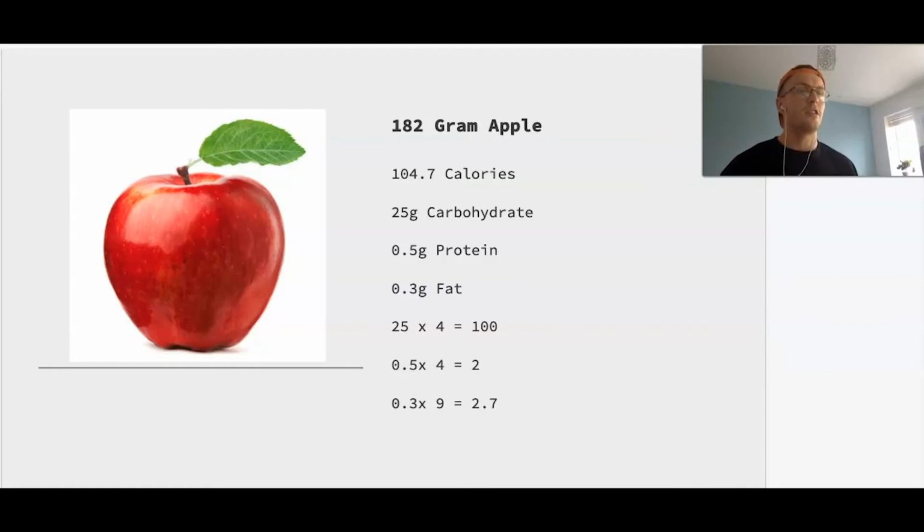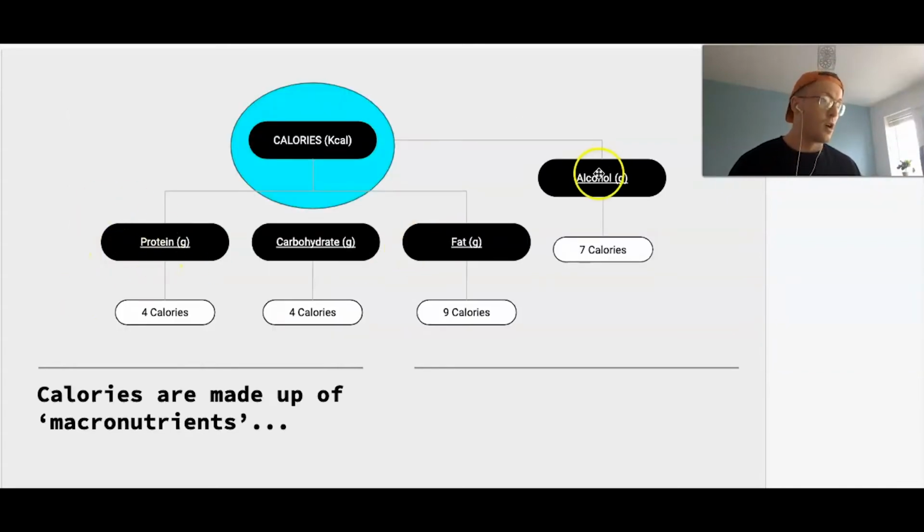Let's look at this 182 gram apple. I got this from MyFitnessPal. The apple equates to 104.7 calories, to be precise. And they are made up of the macronutrients that I've said here. Obviously not alcohol, but these 3 macronutrients.